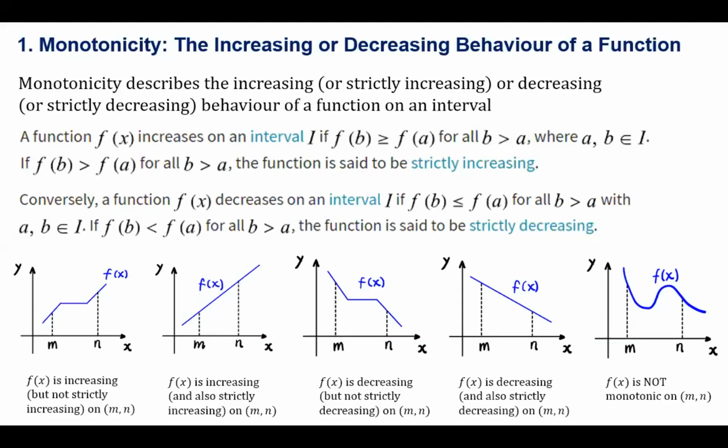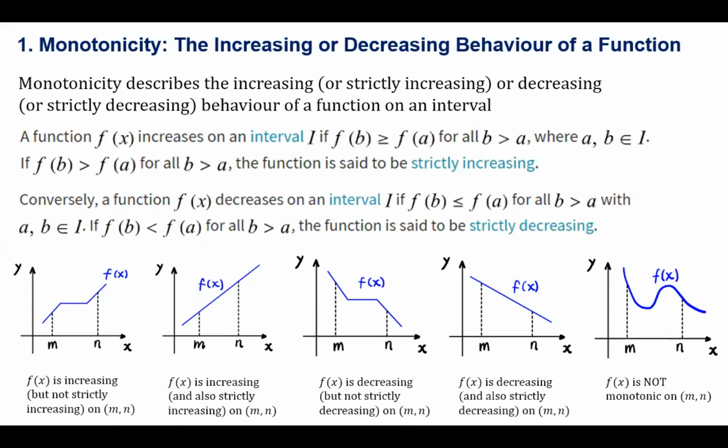Okay, first, the monotonicity, which is about the increasing or decreasing behavior of a function. Basically, the concept of monotonicity describes the increasing or strictly increasing or decreasing or strictly decreasing behavior of a function on an interval.